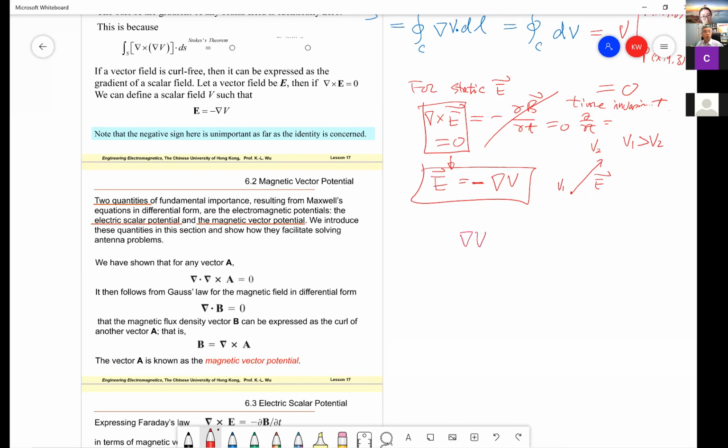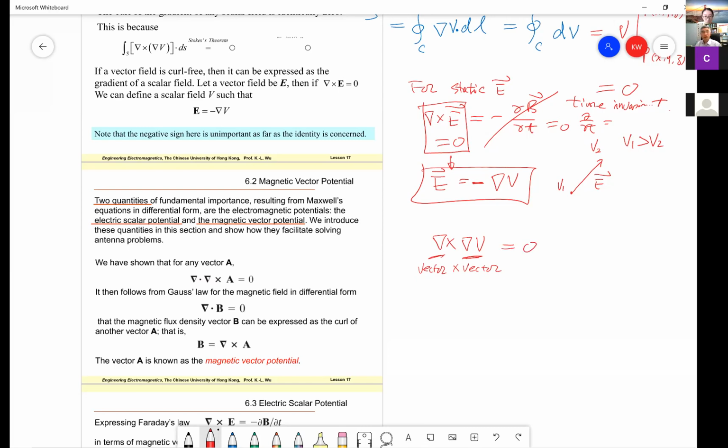One is the curl of a gradient. I can put brackets or not put brackets, because it is obvious. This is a vector, this is another vector, so vector cross vector, and this is constantly equal to 0.